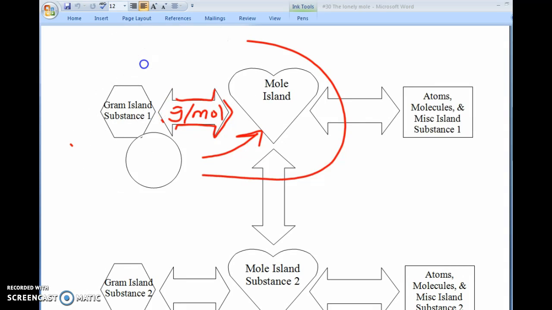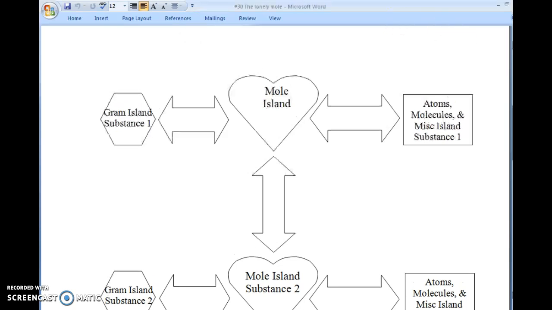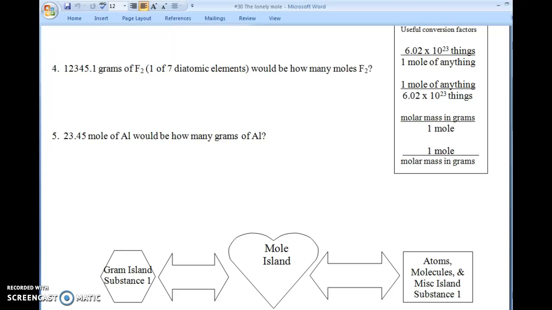So let's go up and do question number 4. Question number 4 says that we're starting with 5.1 grams of fluorine, and it wants to know how many moles of fluorine that would be.